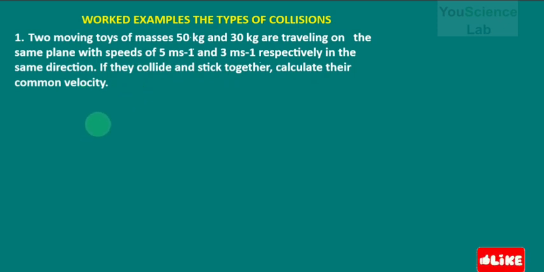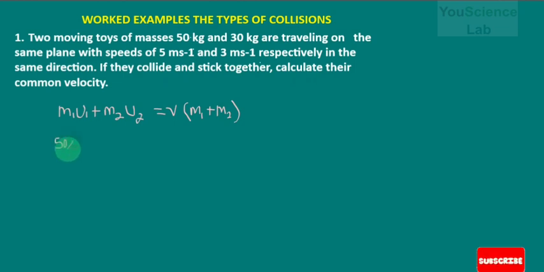From the principle of conservation of momentum, we know that m1 u1 plus m2 u2 is equal to v times (m1 plus m2). This is because they stick together.